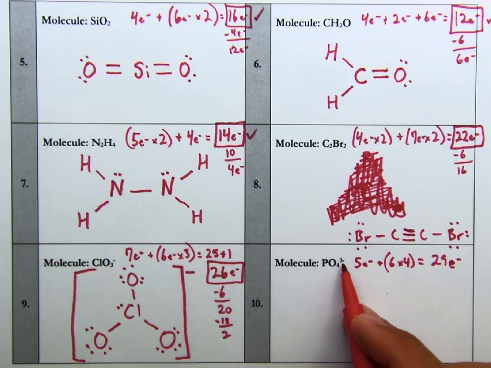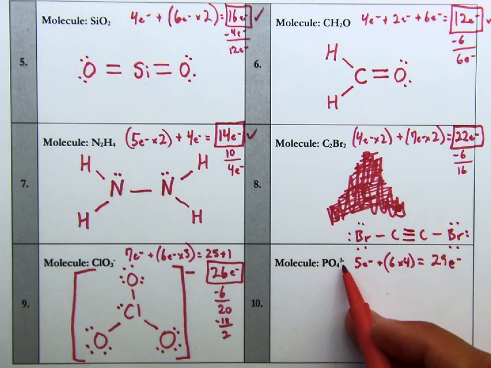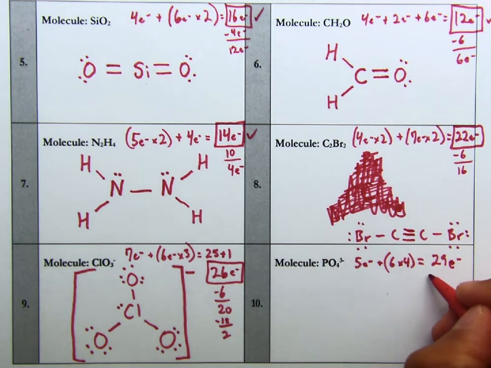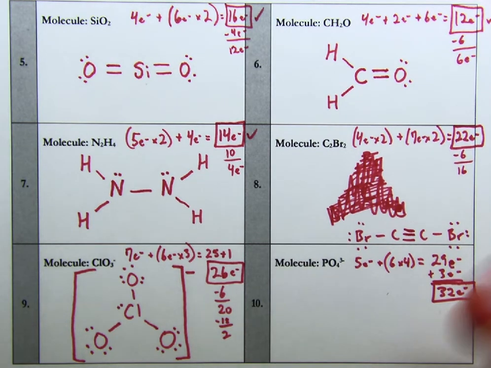But it has a -3 charge. So just PO4 is 29. But -3 means it has 3 additional electrons. So you actually do 29 plus 3 to get 32 valence electrons. That's what you're going to use to draw your Lewis structure.